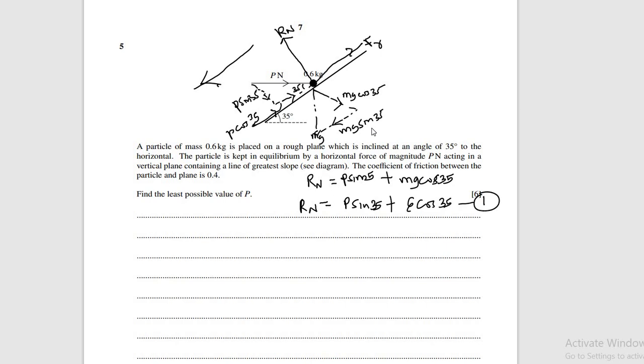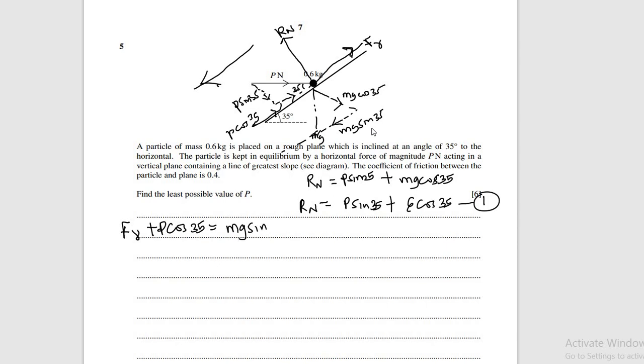At the same time, when you check the motion along the inclined plane, the frictional force is going in this direction. P cos 35 is also going in the direction of frictional force. So when you follow the direction, frictional force plus P cos 35 will be equal to mg sine 35. Look, mg sine 35 is going in the opposite direction of these two.